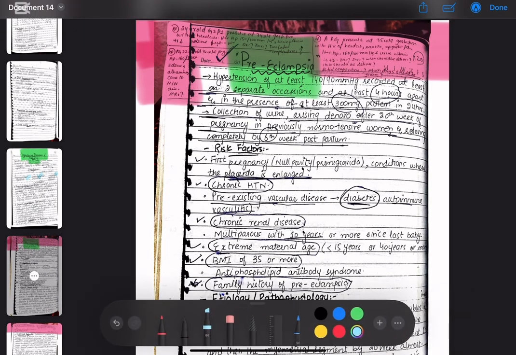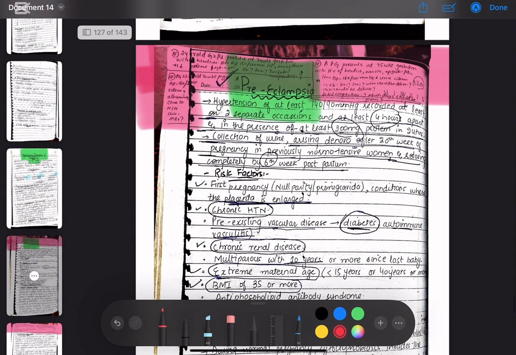In pre-eclampsia, we have discussed the scenario of a PG present at 35 weeks gestation. So the diagnosis, the investigations, and when we should deliver, we should know about the hypertension. We have discussed that preeclampsia is hypertension of at least 140 by 90 and 300 milligram protein in 24 hours.